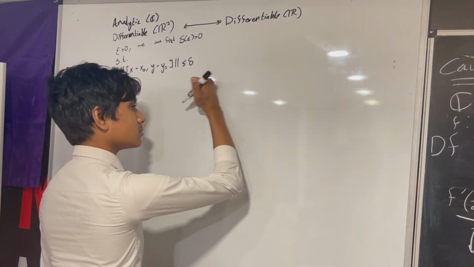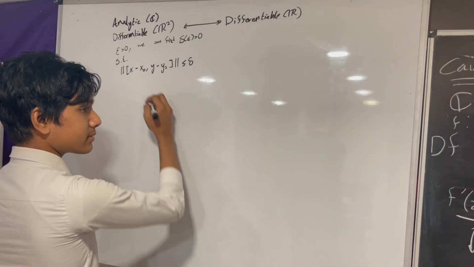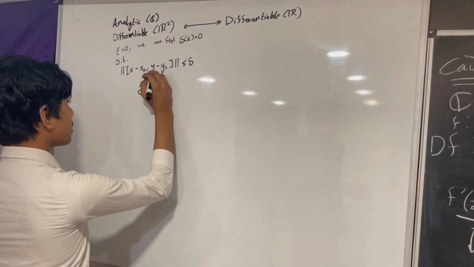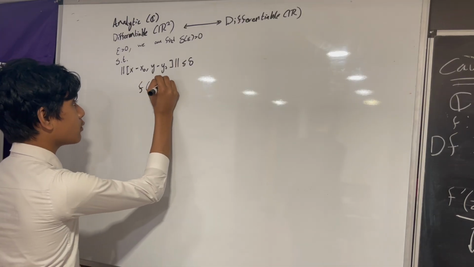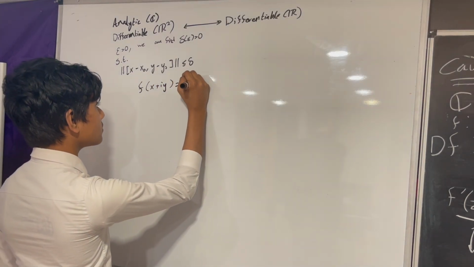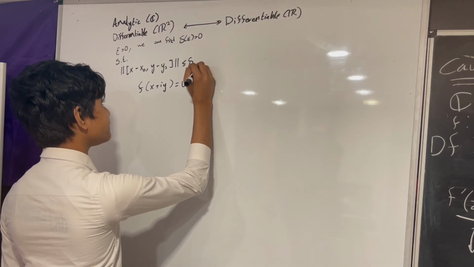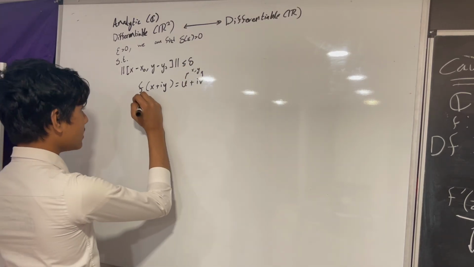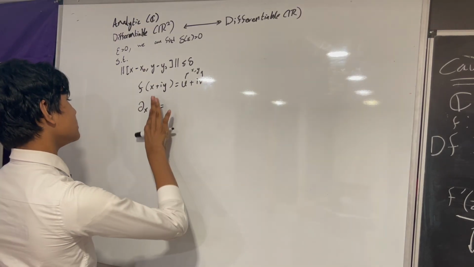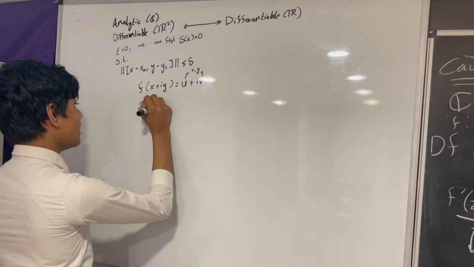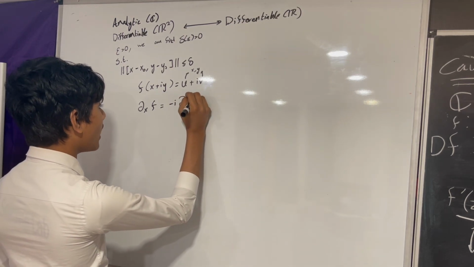Well, it's going to tell us two very big things. Okay, let's write f of x plus iy as u plus iv. Both of these are functions of x, y. Then this is telling us, let's just put it the blunt way, partial x f is equal to minus i partial y f.